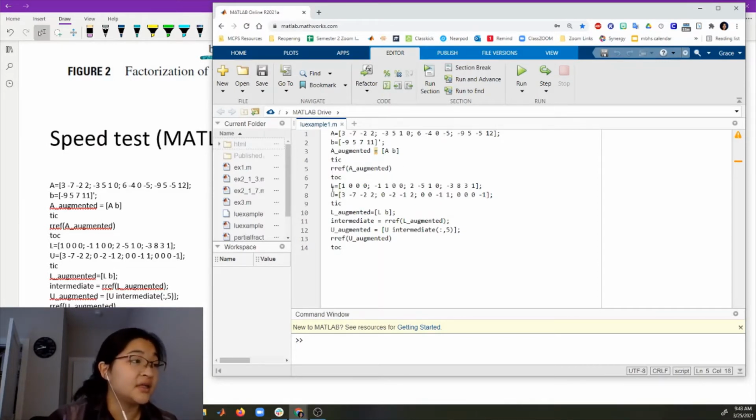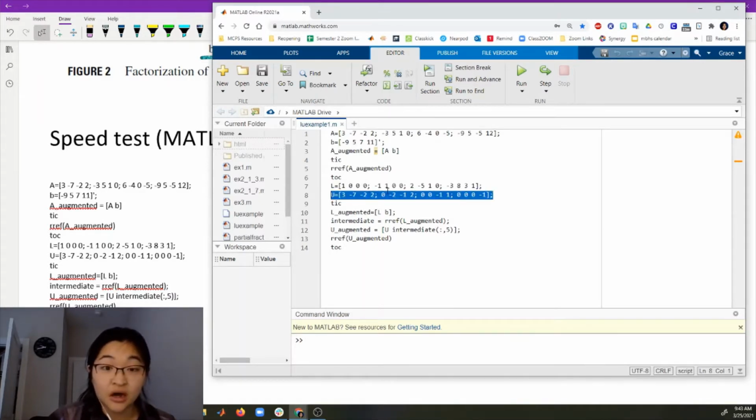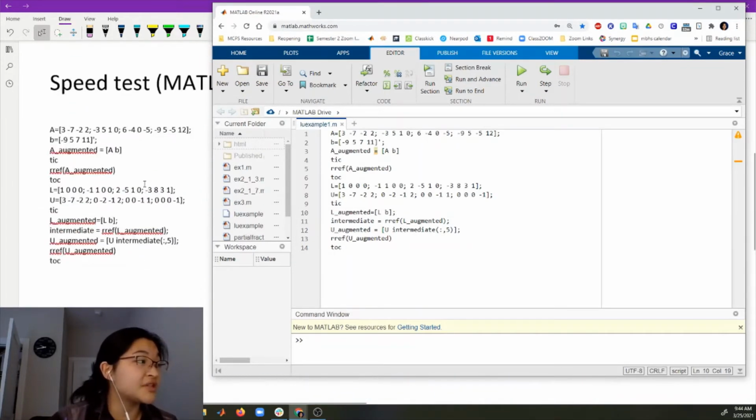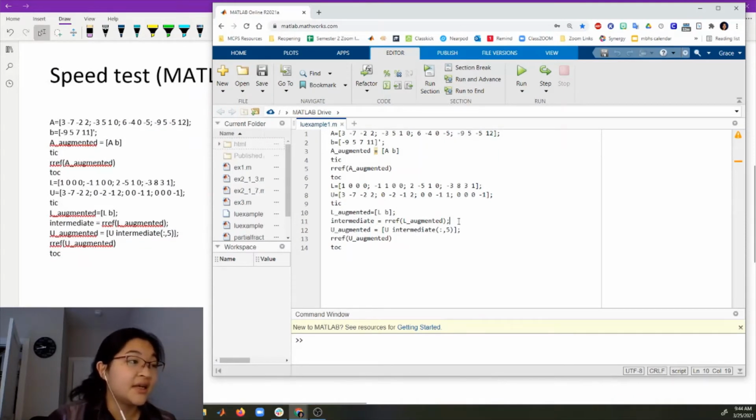And then we're also going to declare L and U, which are the LU factorization of A, and then do the intermediate step of having an augmented matrix with our B and our L, the invertible lower matrix that we had from before, and then RREF that to take that last column and augment it with our unit triangular matrix, and then RREF that and time how long that takes.